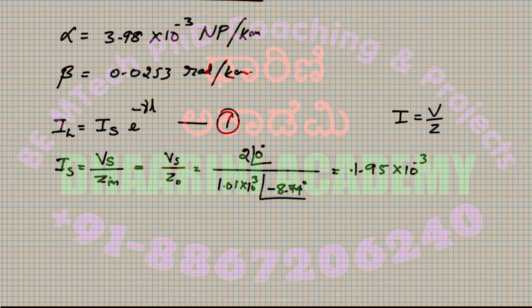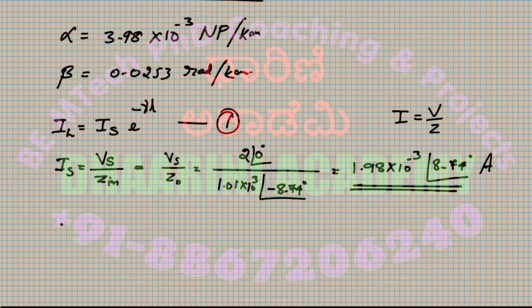I prefer the R angle theta format, at an angle plus 8.74 degrees. So these many amperes. Anyway, I can write it as milliamps by removing the 10 to the minus 3. Absolutely fine.